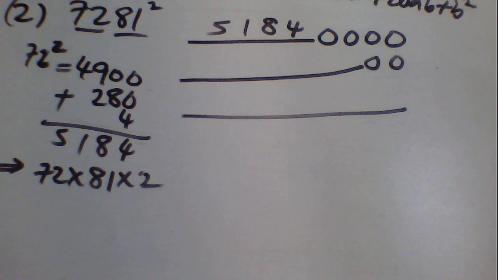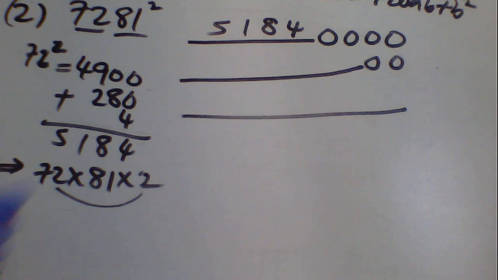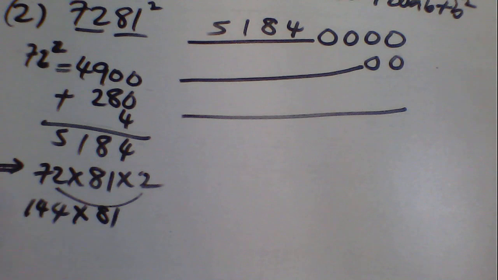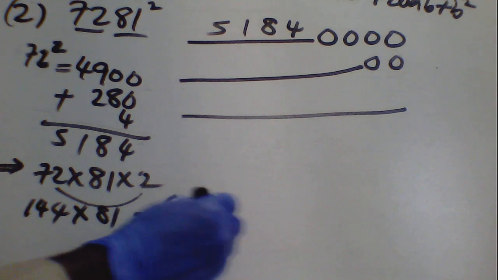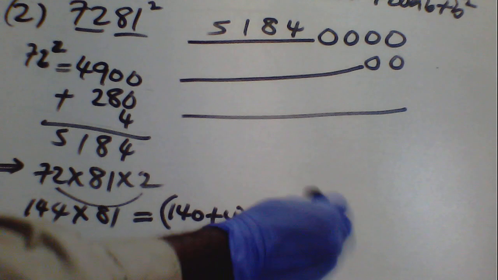So in this case, multiply, also look for the easy way. 2 times 2 will give us 4. 2 times 7 will give us 14. Multiply 8 to 1. When using the algebraic factor method, always look for an easy way so that you can do your multiplication easily. In this case, we have 140 plus 4, multiplying 80 plus 1.